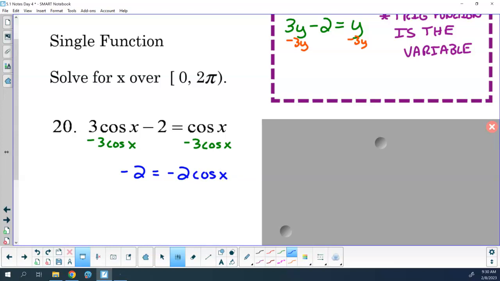Just like up here in this algebra one, I would have gotten negative 2 equals negative 2y. Now what? Divide by negative 2. Okay? So now I'm going to divide both sides here by negative 2. That's going to give me positive 1 equals cosine of x.